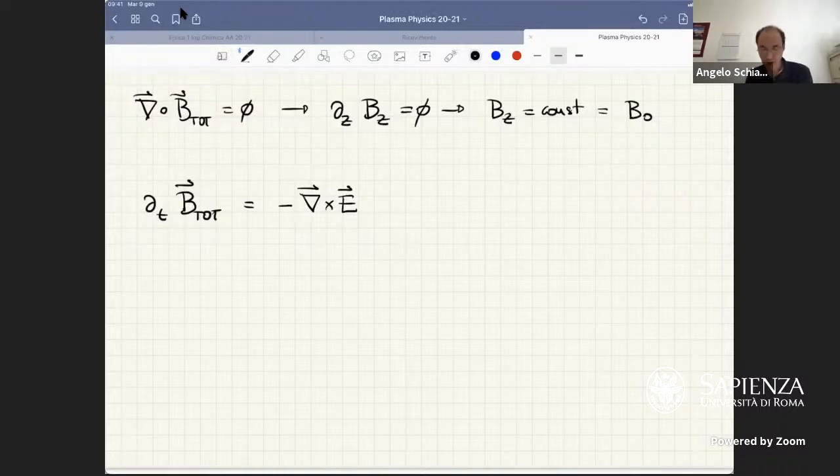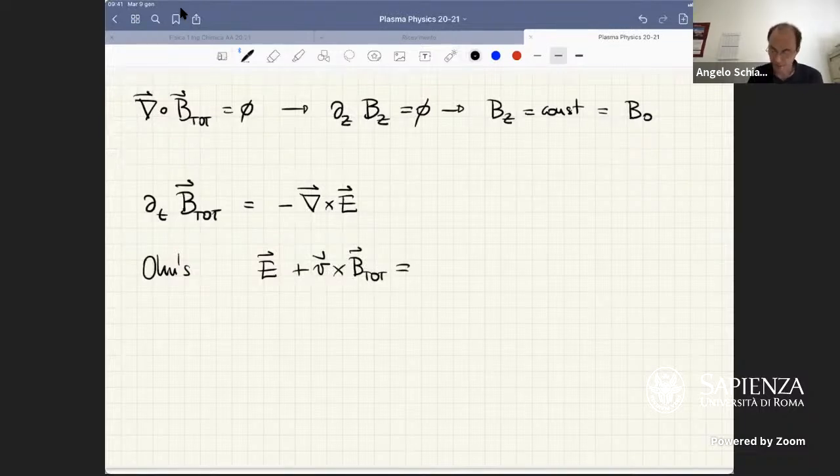And if you remember, now we have to make this electric field disappear in the MHD equations. So we use Ohm's law. Ohm's law is, in general, E plus V cross B dot equal eta j.